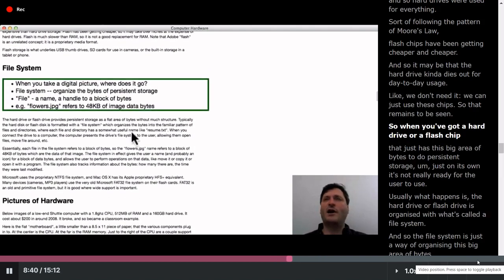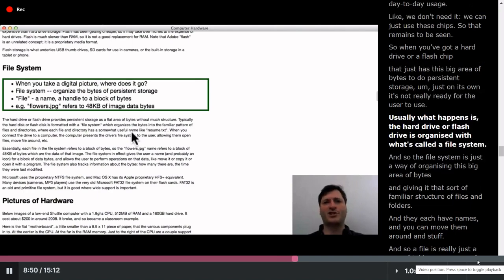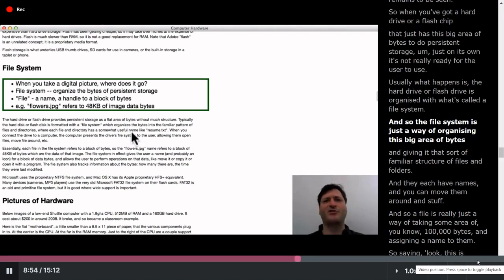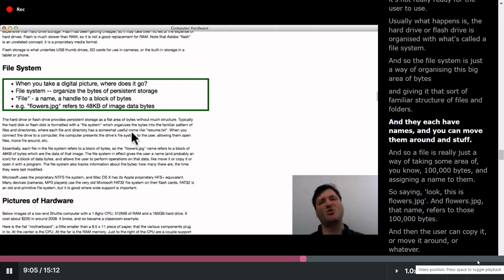So when you've got a hard drive or a flash chip that just has this big area of bytes to do persistent storage, just on its own, it's not really ready for the user to use. Usually what happens is the hard drive or the flash drive is organized as what's called a file system. The file system is just a way of organizing this big area of bytes and giving it that familiar structure of files and folders, and they each have names and you can move them around.